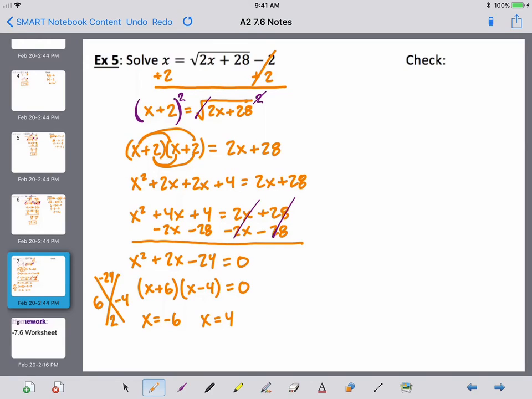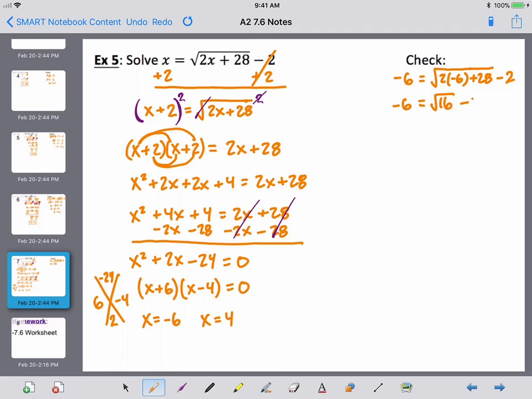And now here's kind of the tough part. We do have to check that those really are solutions. So let's plug in negative 6 first. We're trying to see if negative 6, plugged in for x, gives us a true solution. Going back to that original equation and replacing x with negative 6, 2 times negative 6 is negative 12, plus 28 gives us 16.